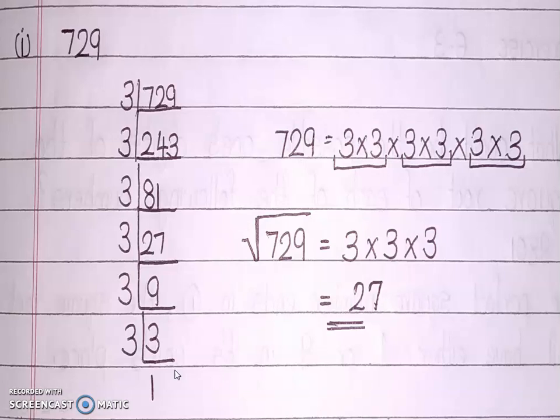So you will stop prime factorization when you get 1 at the end. Now how can I write 729? 729 can be written as 3 into 3 into 3 into 3 into 3 into 3.